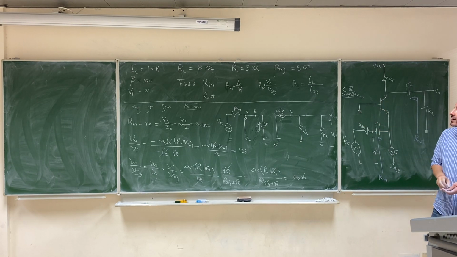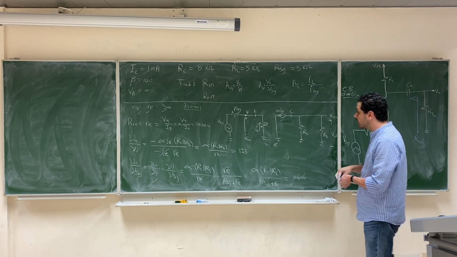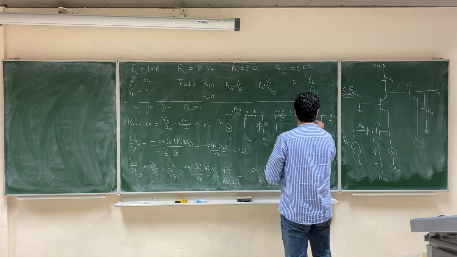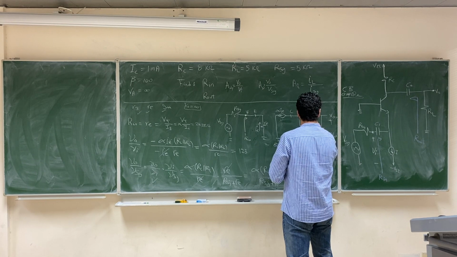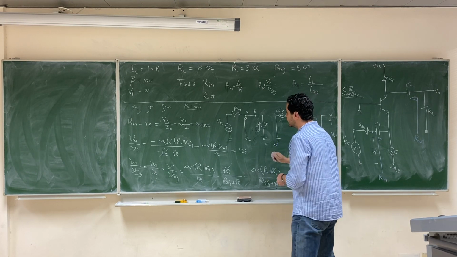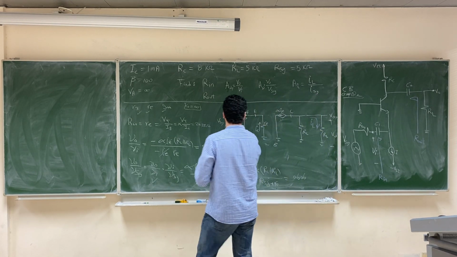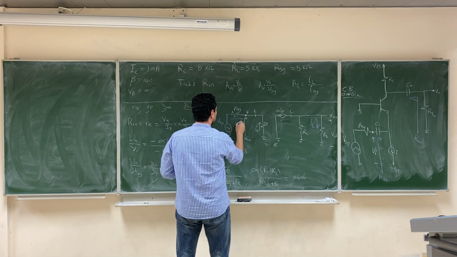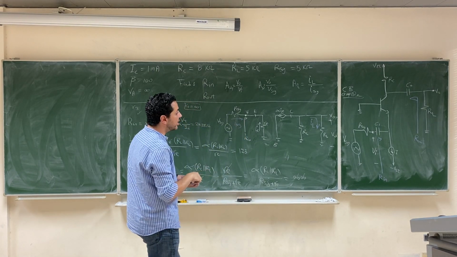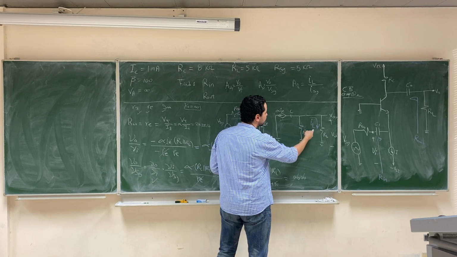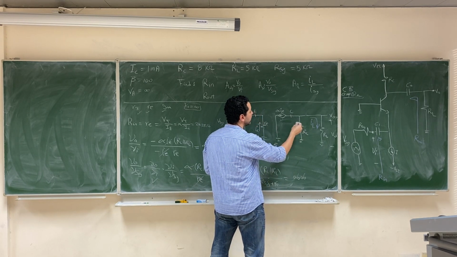Okay? So now we calculated V output over V signal, V output over V input. We can also calculate the current gain, the ratio between I load, the current that will go to the load, and I signal, the current of the source. The current that will be going to the load, you can write an expression for it by a current divider.